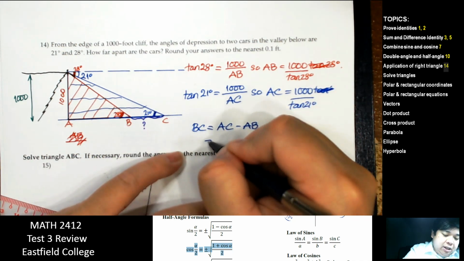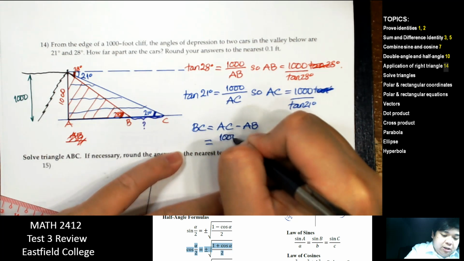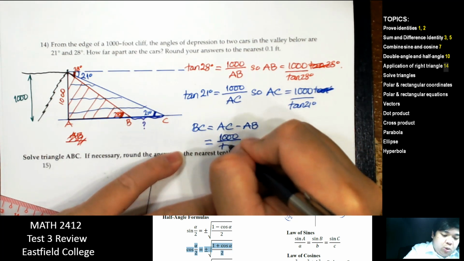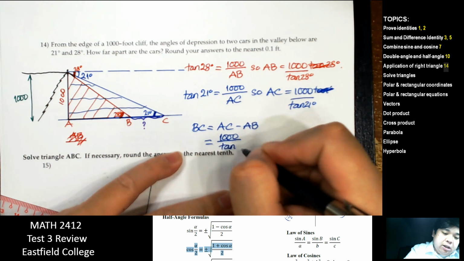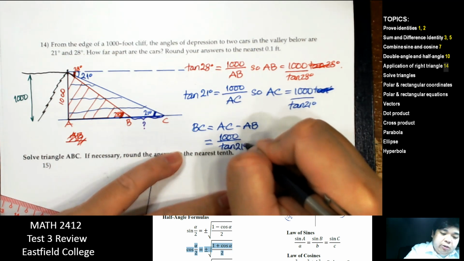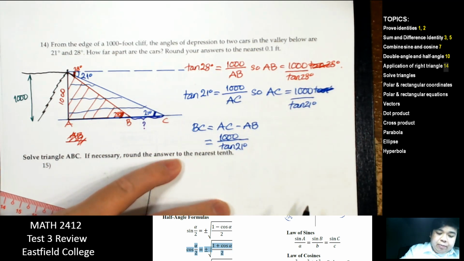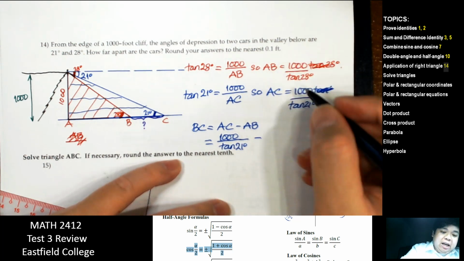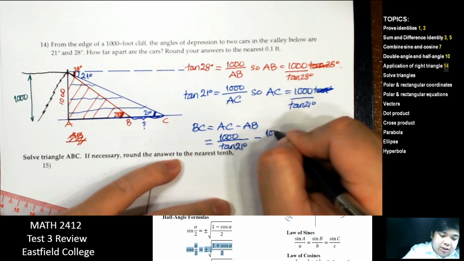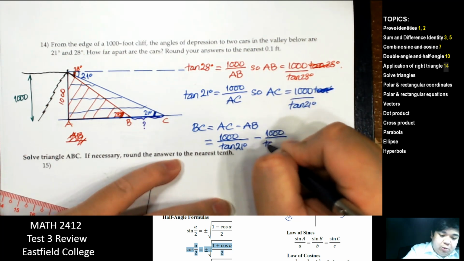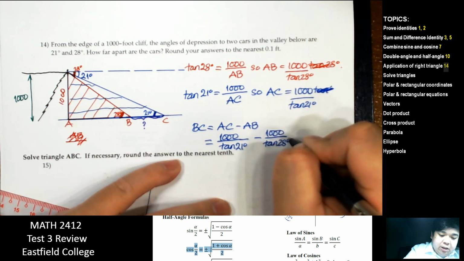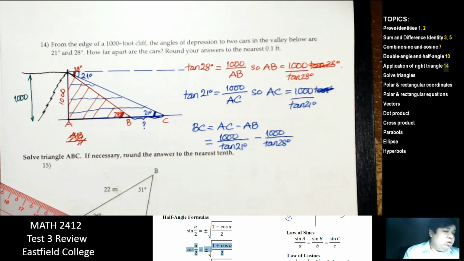AC is 1000 over tangent 21 degrees, minus AB, which is 1000 over tangent of 28 degrees. And I'll put this in the calculator to get the answer. So we use calculator.